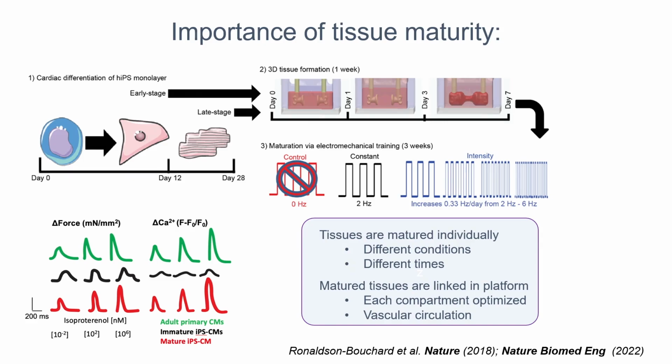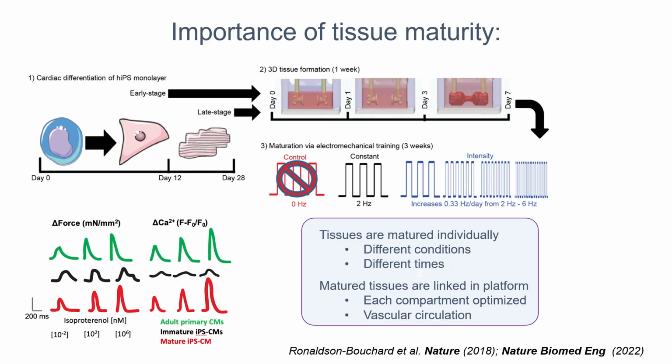So this is the response of normal adult primary human cardiomyocytes. What you see in black are immature iPS-derived cardiomyocytes. If you don't do maturation, but if you mature the tissues, then the responses are in red, so they get pretty close to what you see here in green.